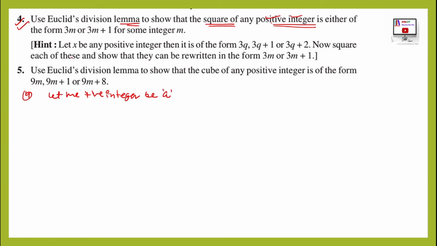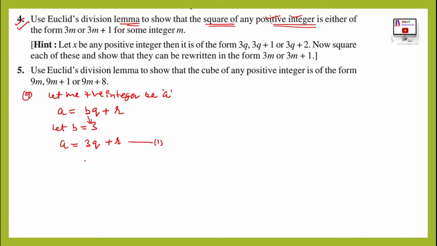So now by using Euclid's division lemma, this a can be written as bq plus r. Now let b be equal to 3, so a is equal to 3q plus r. We have written b as 3 here.